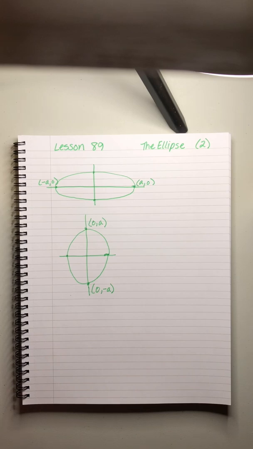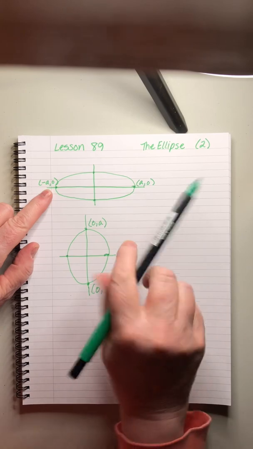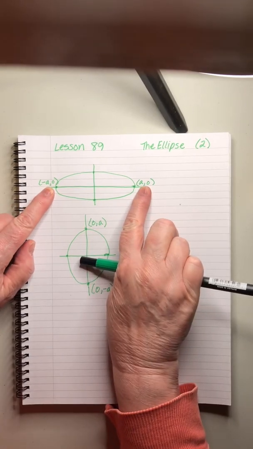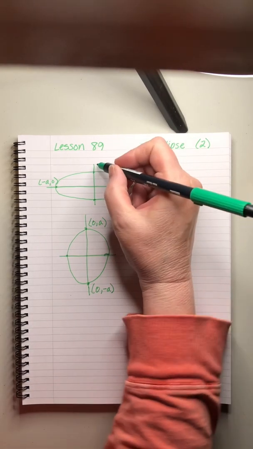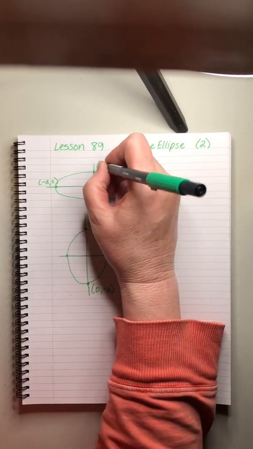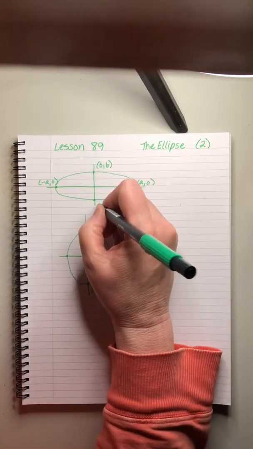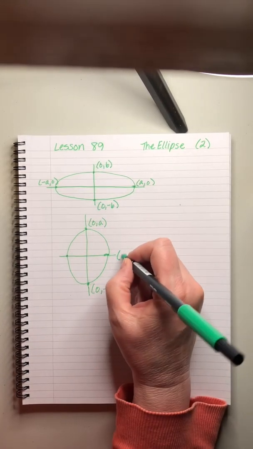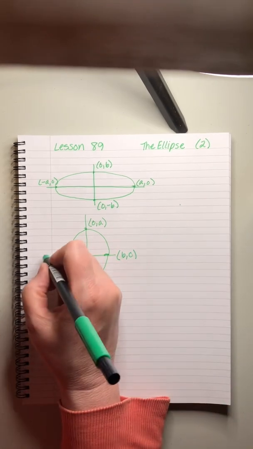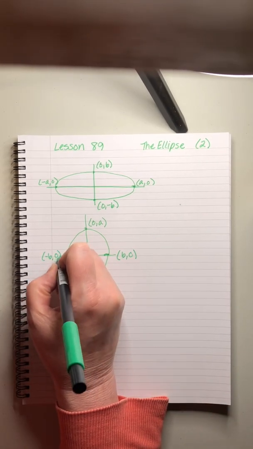But in the horizontal ellipse, we use the A's here on the x-axis, and then we switch it here because this one's long and skinny. So that means that this has to be the B: (0, B), (0, -B), and this time B is here, right? Like so.